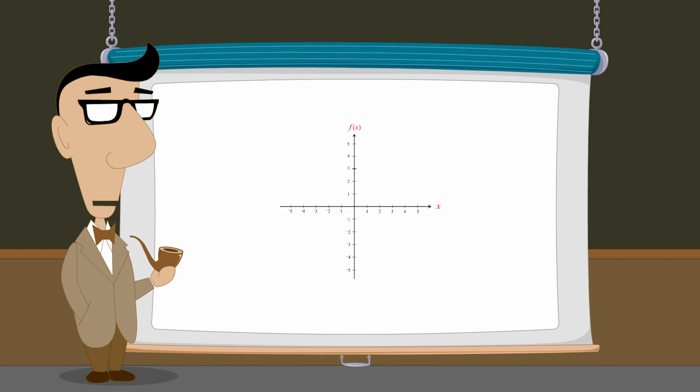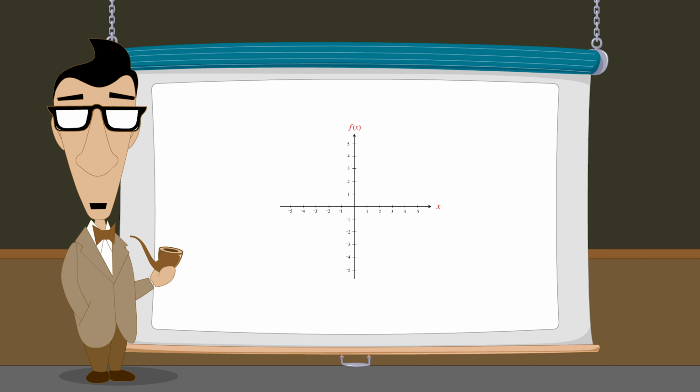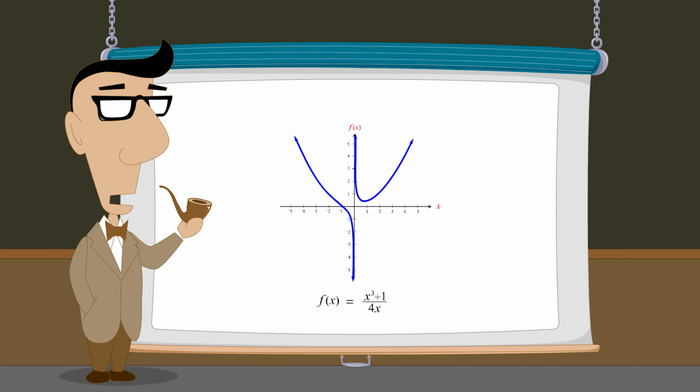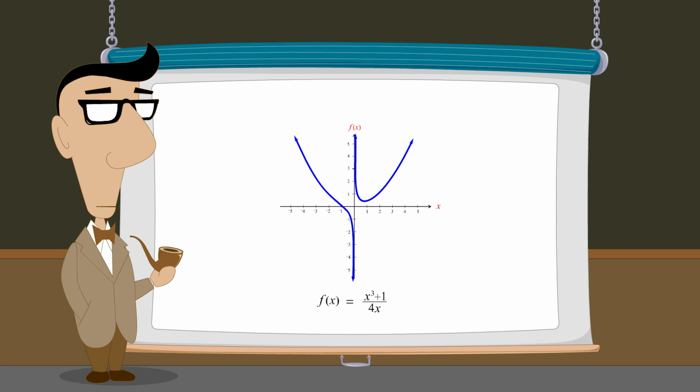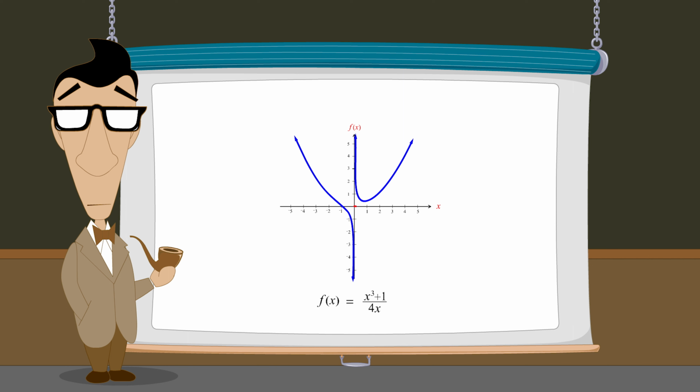Curvilinear asymptotes are described by higher degree polynomials. For example, this rational function has a curvilinear asymptote described by the second-degree polynomial function 1/4 x squared.